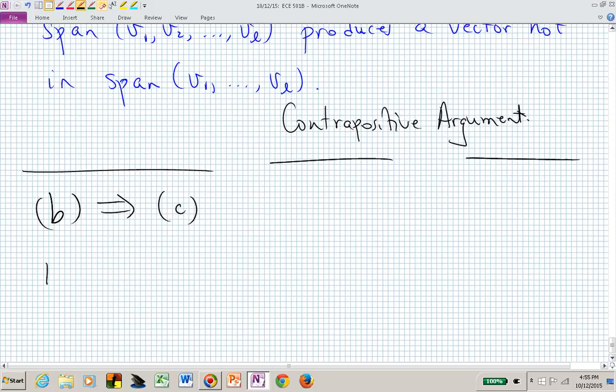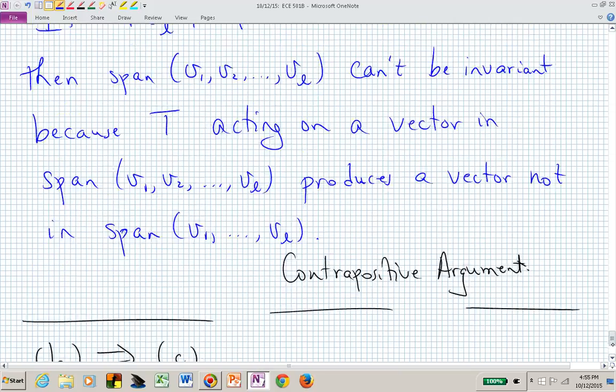Suppose that we have B. So now we're assuming B is true. If B, then C, and what was C?